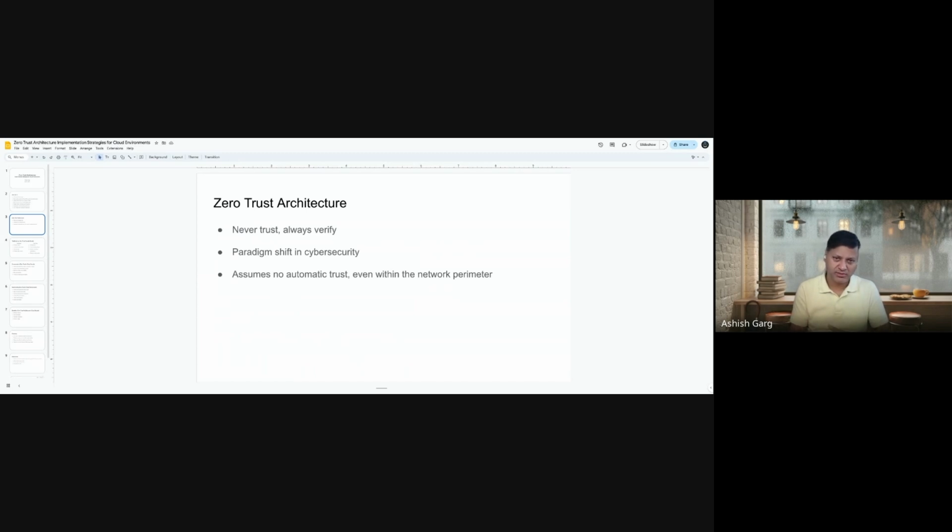No more with zero trust architecture. It does not assume any automatic trust, like I mentioned, right? Even within the network perimeter, if you're in one resource and want to access a different resource, or you are staying too long, you can define policies to be as restrictive as you want based on what your business needs. I'm going to talk a little bit about it a couple of slides later.